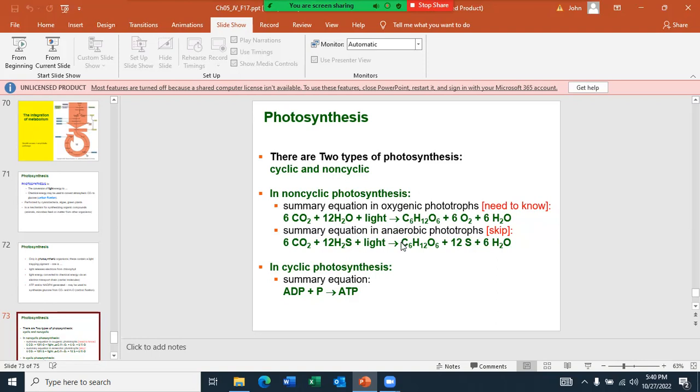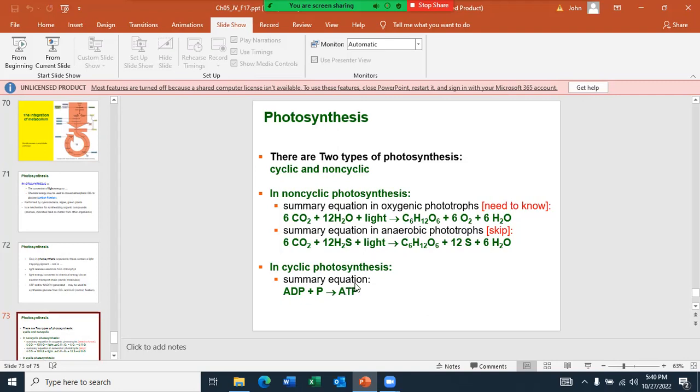You don't need to know there is an anaerobic form of photosynthesis. It doesn't generate oxygen, it actually generates sulfur. What you need to know from this lesson is, like I said, there are 2 types of photosynthesis, one creating glucose, and then cyclic photosynthesis, which creates ATP.